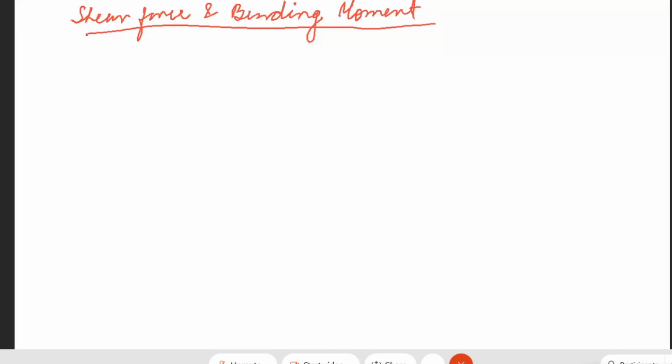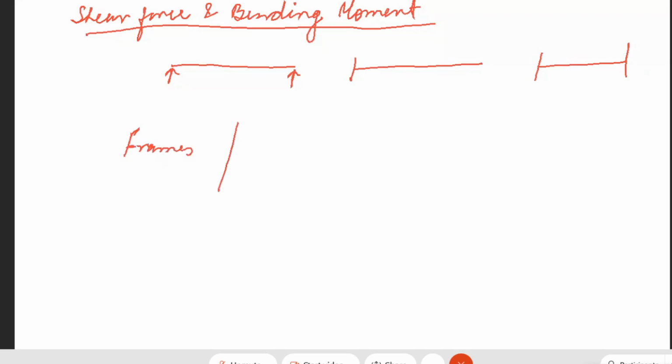Let's say we have different types of beams. We have a simply supported beam, a cantilever, and then a fixed beam. Then we can also have frames, as you might have seen.